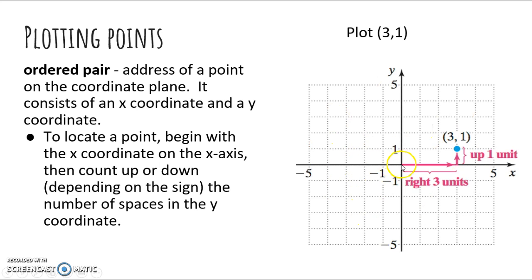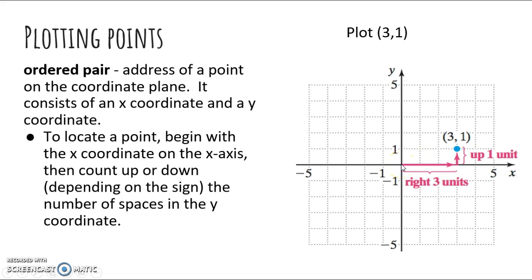We start at the origin, and move right 1, 2, 3 spaces to 3 because the x-coordinate is 3. And then from 3, we move up 1 because positive 1 was the y-coordinate, and then that is where we put our actual point. So 3, up 1.